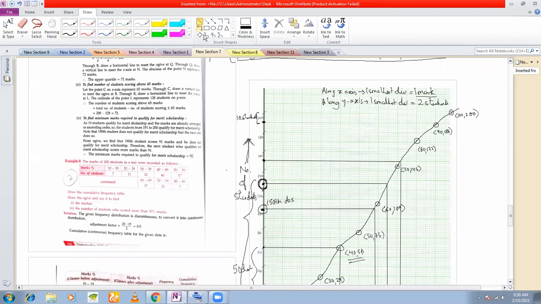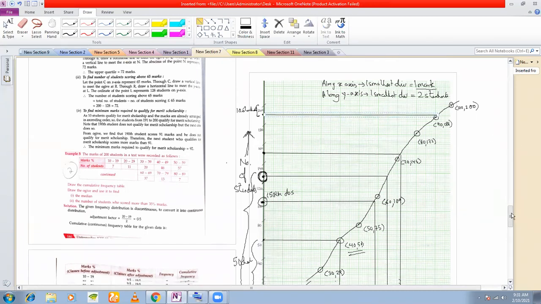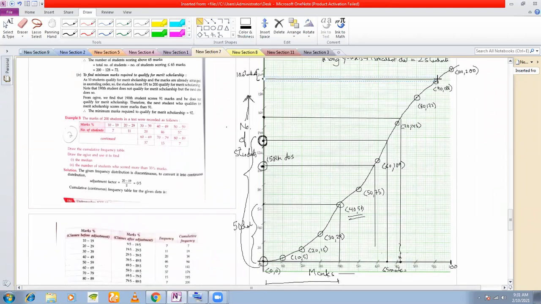Now from here, you are going to draw a line intersecting the ogive, and from this point you are going to draw a perpendicular on the x-axis because you want the marks. So this is, I think, 2 divisions above 90.